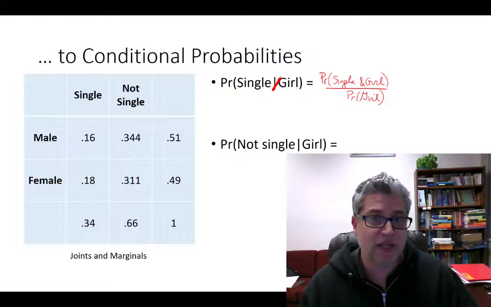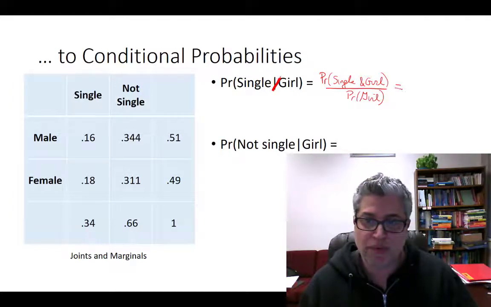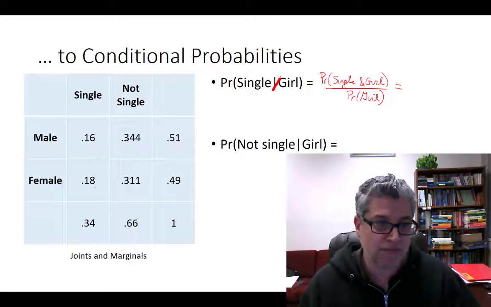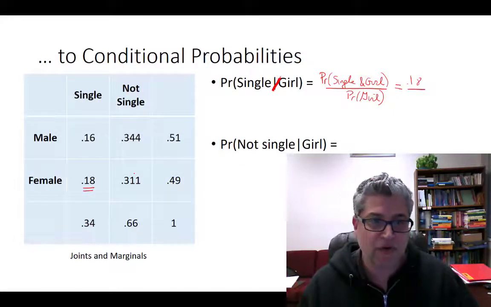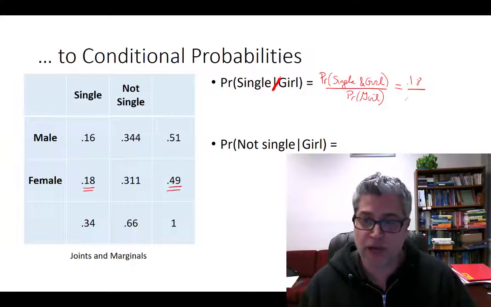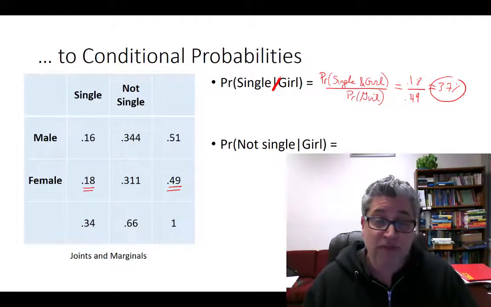When you think of that conditional as a division. So what's the joint probability of single and girl? That's 18%. What's the probability of girl? We go to the margins, that's 0.49. So 18% divided by 49% is approximately 37%.